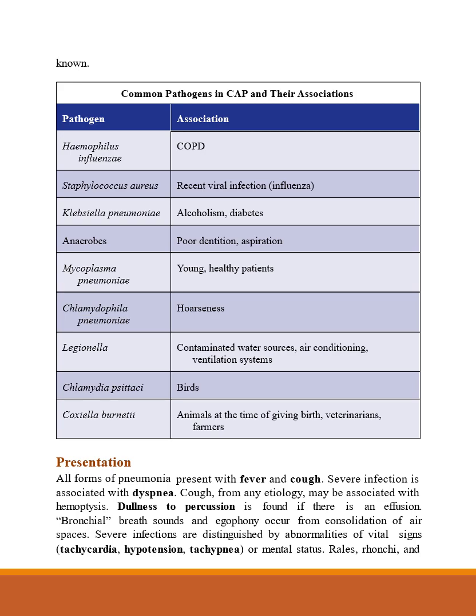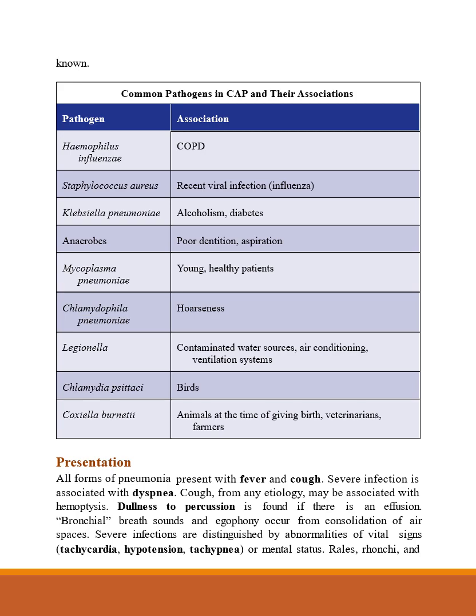Severe infections are distinguished by abnormalities of vital signs, which are tachycardia, hypotension, tachypnea, or altered mental status. So if we have tachycardia, hypotension, and tachypnea, or altered mental status, this is considered a severe form of CAP.